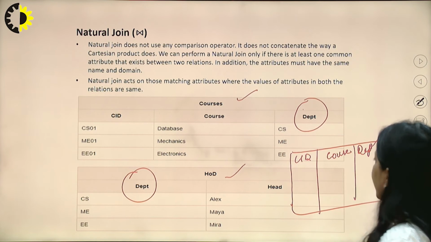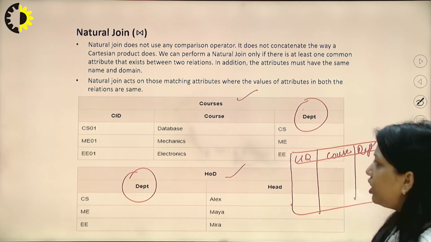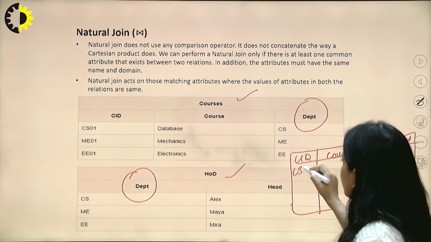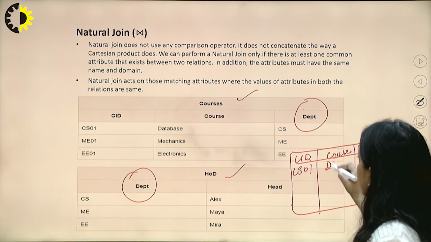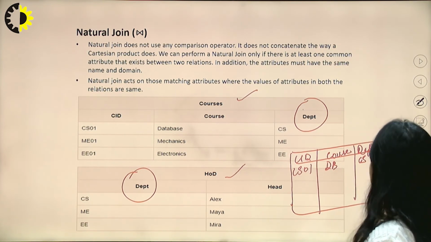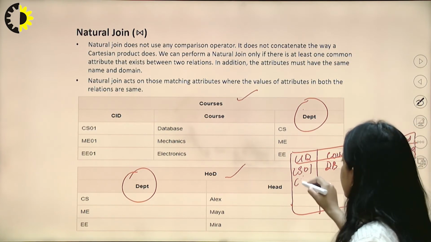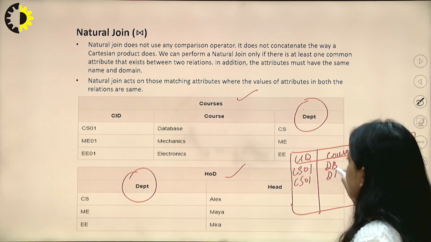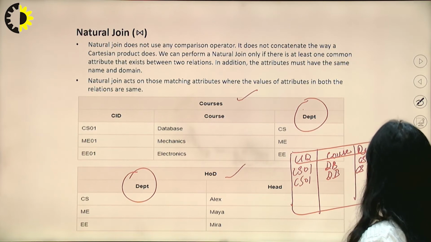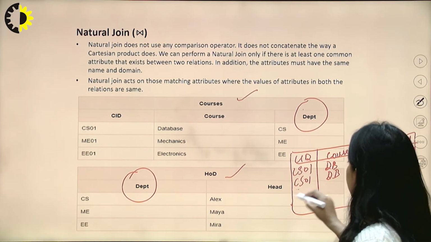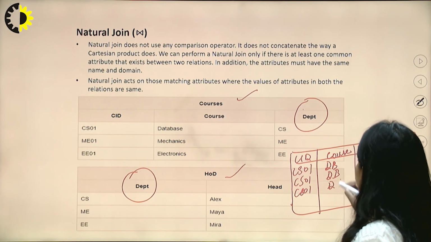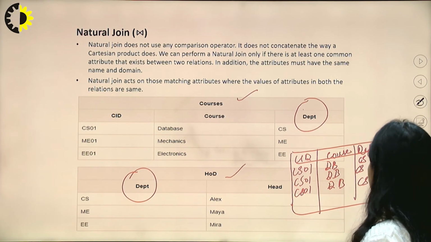We will get values: CS01, database, CS, CS, LX. Then CS01, database, CS, ME, Maya. Then CS01, database, CS, EE, Mira.